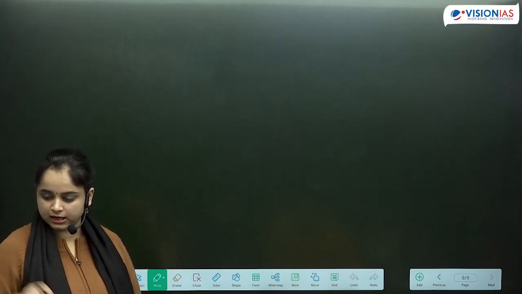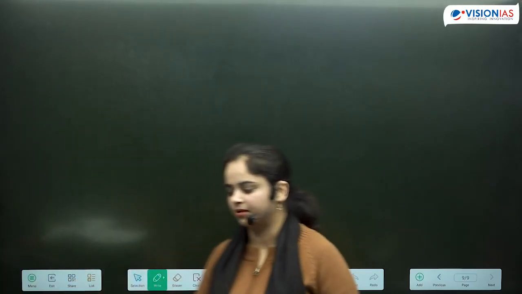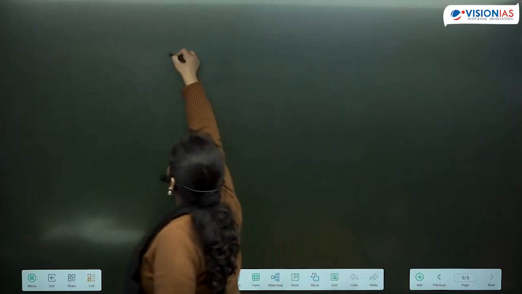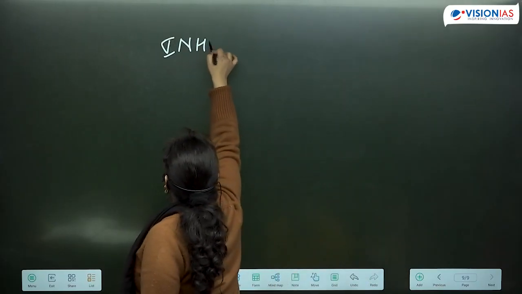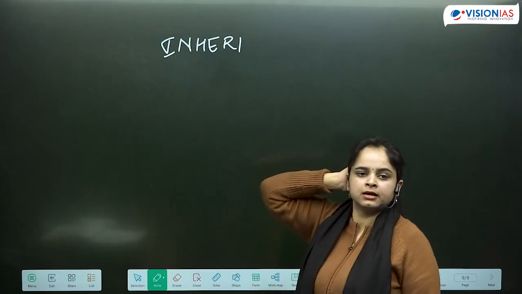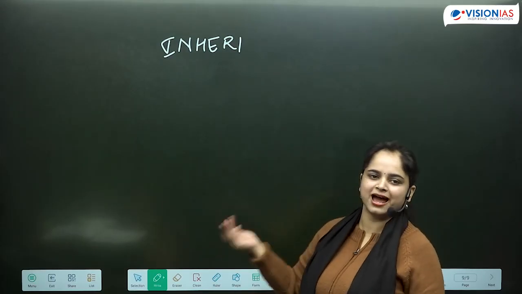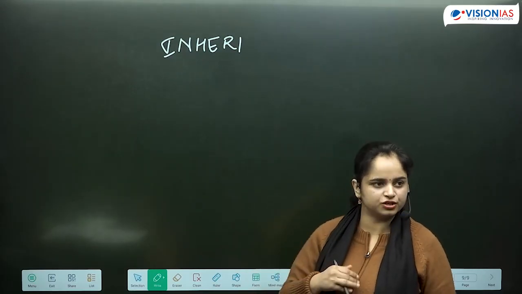We are going to start talking about how inheritance is happening. We have been talking about how this genetic material is supposed to be functioning. It is needed for our characters, and characters are transferred from one generation to the next.